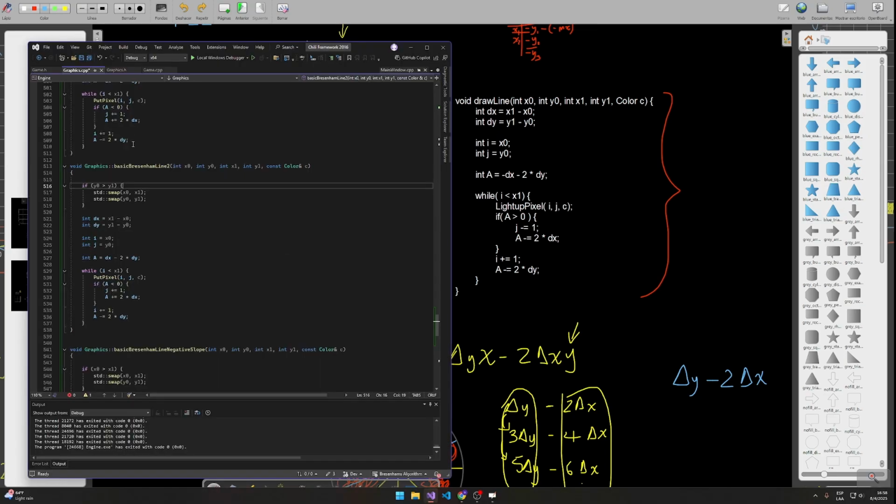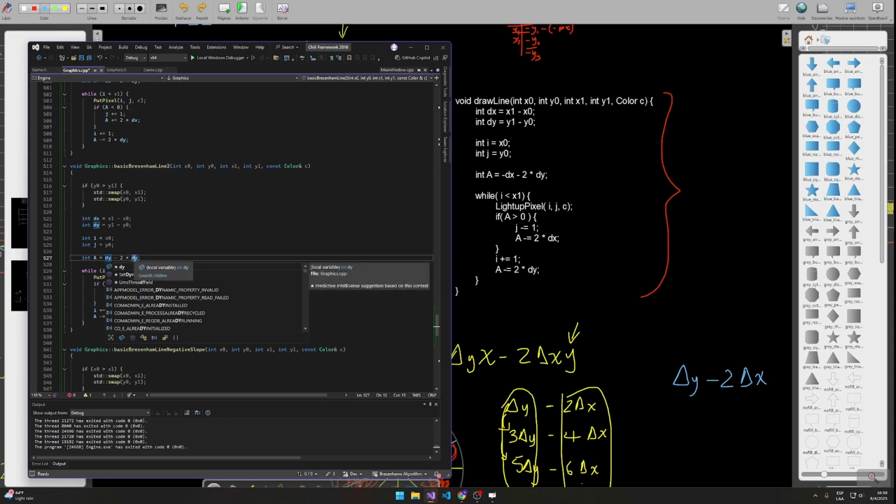So let's apply this evaluation here, this condition here, to be based on y. And now I am not going to use this initial term, but this one. So this is going to be dy, and this is going to be dx.